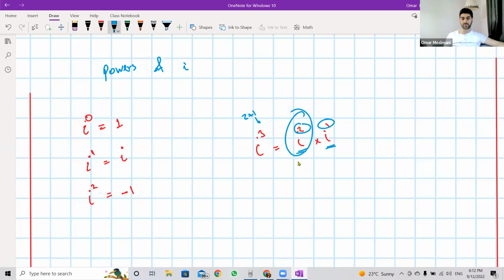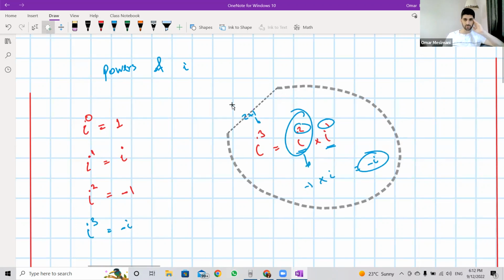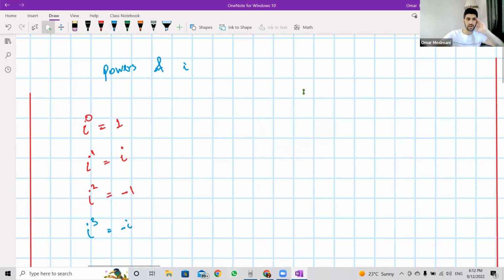And now i power 2, we already know it is -1. So -1 multiplied by i, the answer is going to be -i. Basically, i power 3 equals -i. I just proved to you why it's -i. Okay, now let's try to work out, same, i power 4.